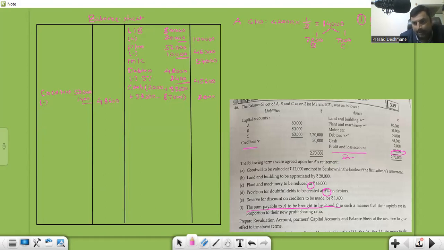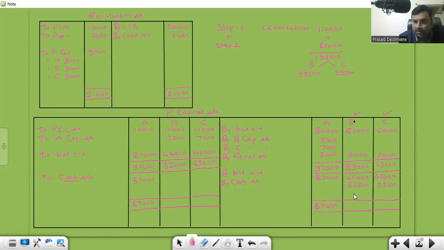Okay. Now I'll close for the other partners. This is 99,500, nothing to subtract, 99,500. This also 99,500, and here also nothing to subtract, so 99,500.